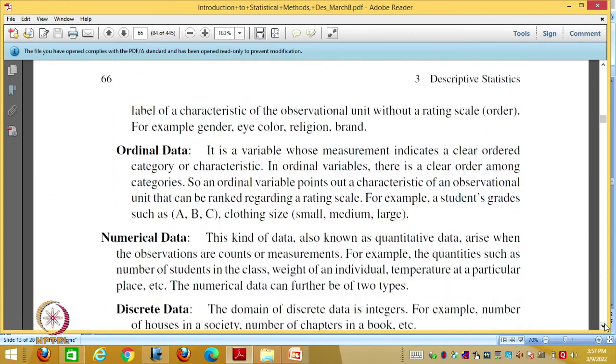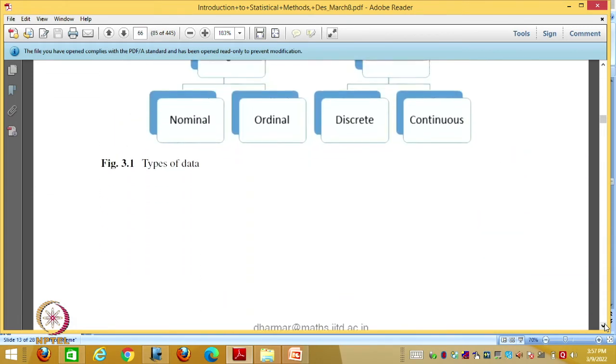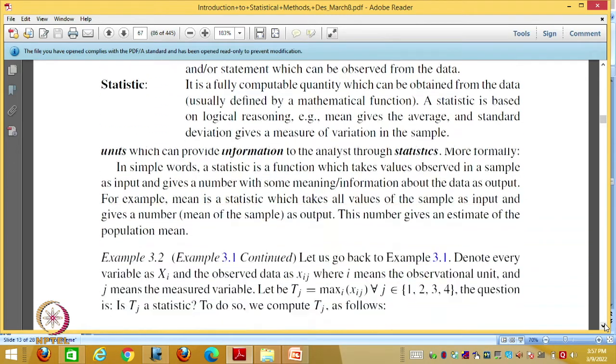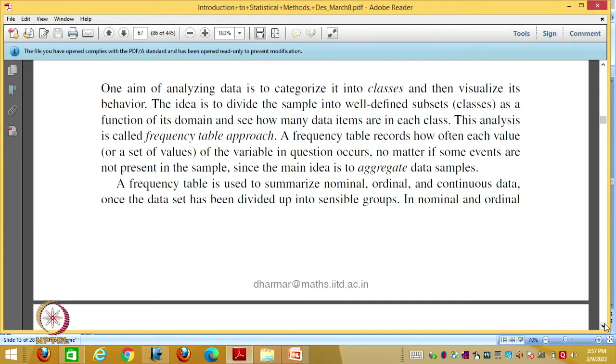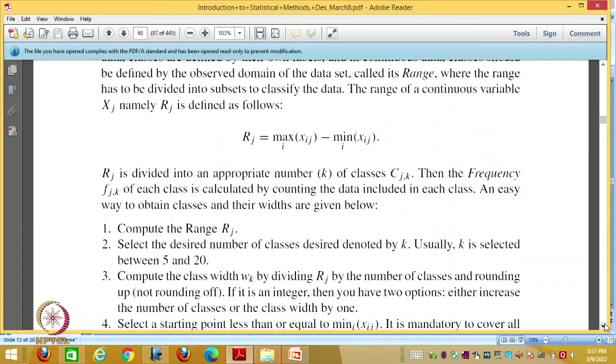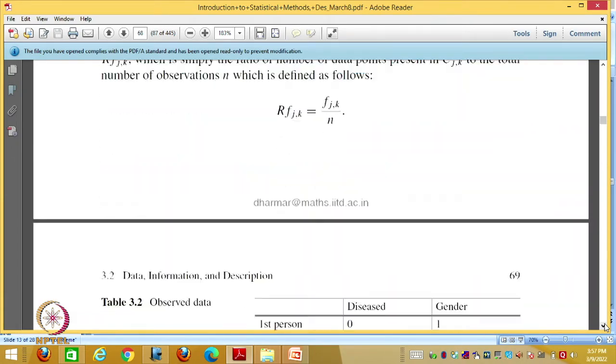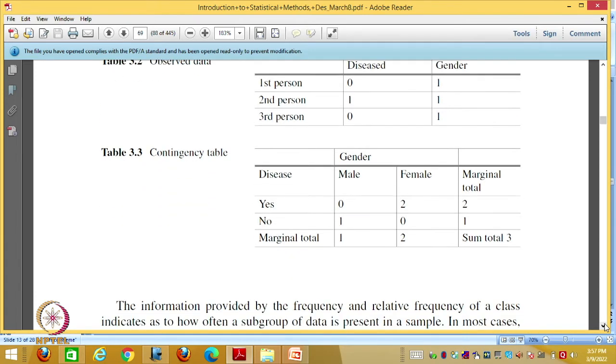So, this we have explained already, this also we have explained. Yes. So, this is the contingency table which we can create for the same example. Based on gender, male or female, and whether they have a disease, the information can be put in contingency form.